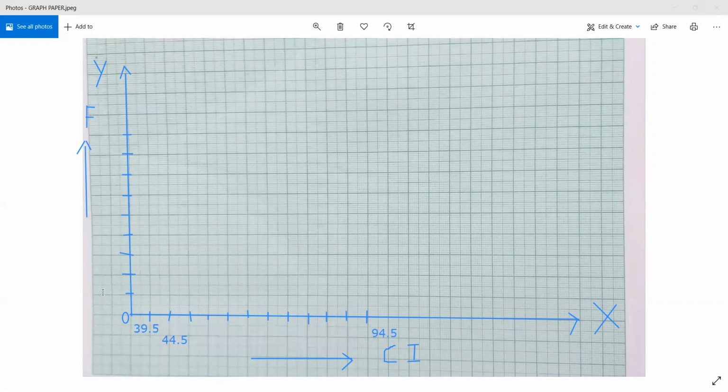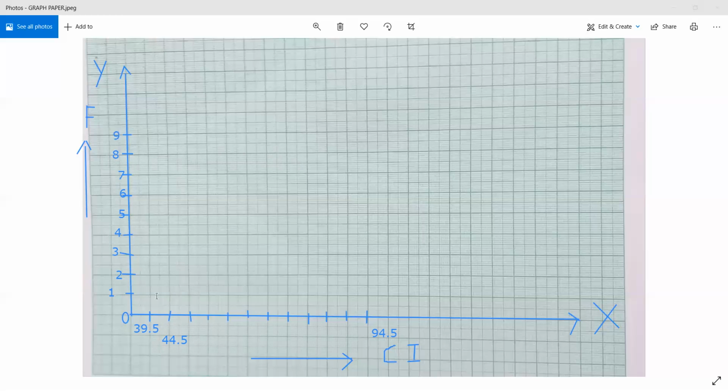So we'll have frequency 1 here, then 2, 3, 4, 5, 6, 7, 8, frequency 9.